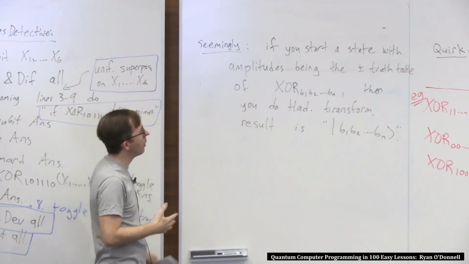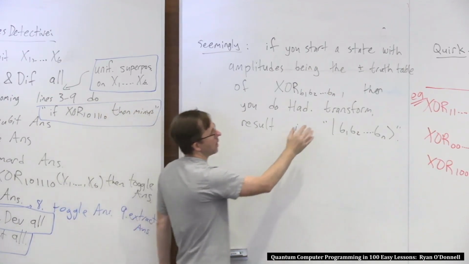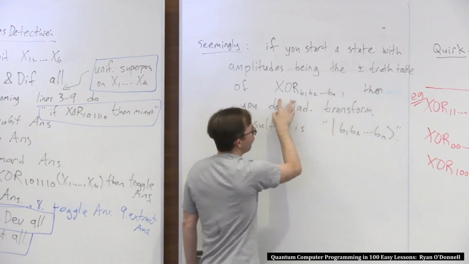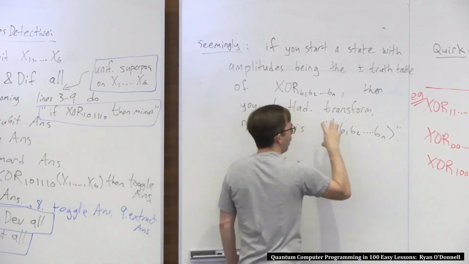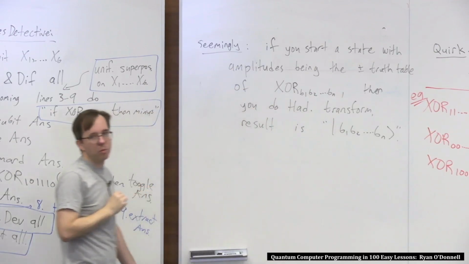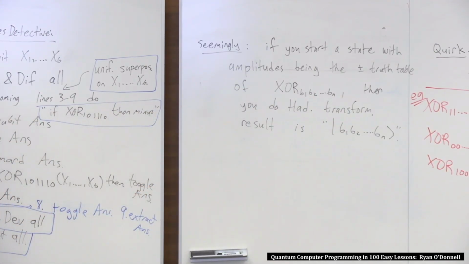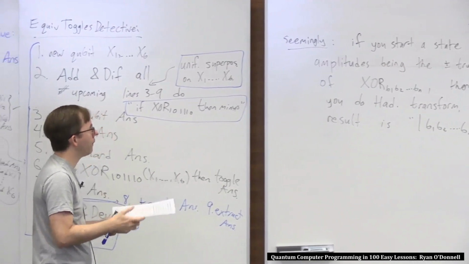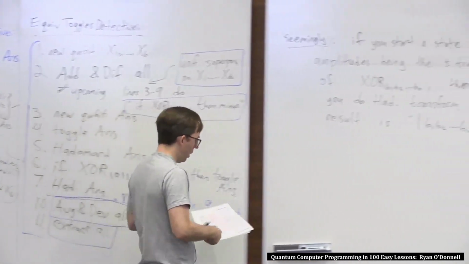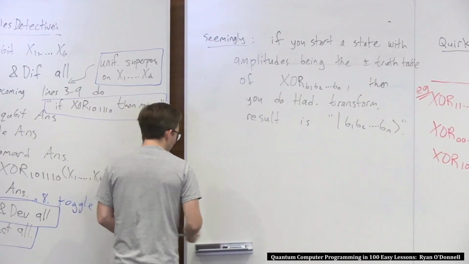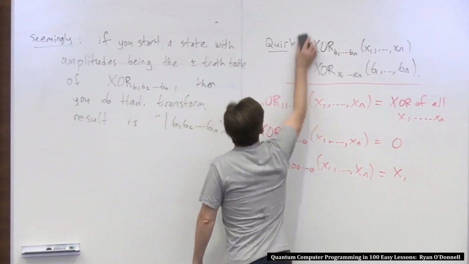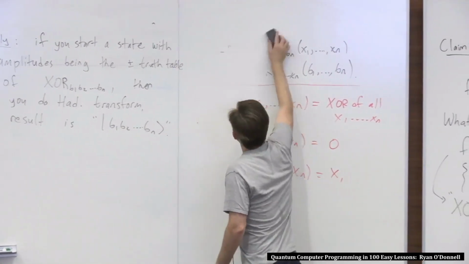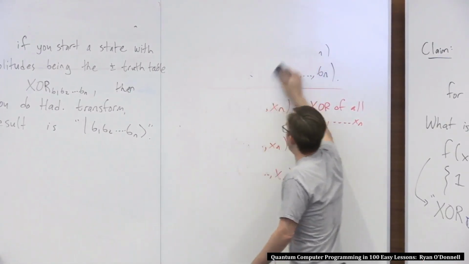One feature is that if the original state happened to be the ±1 notation truth table of a bitmasked XOR function, and then you do Hadamard transform, then you get all the amplitude on this one string. Okay, so now I will just directly tell you the theorem statement about what happens when you do the Hadamard transform. And then we'll prove that theorem statement.